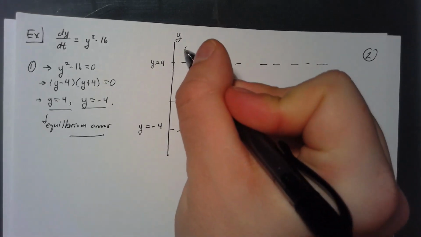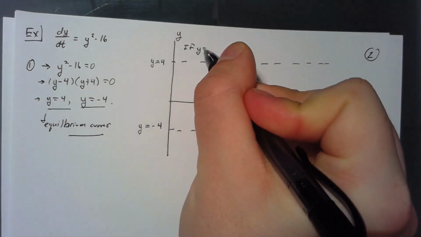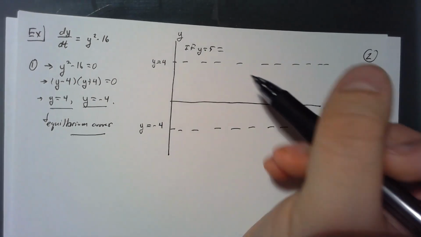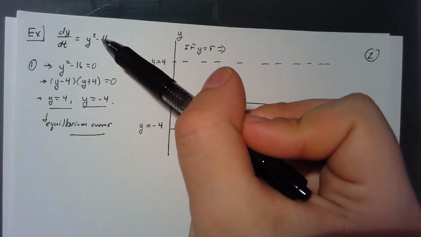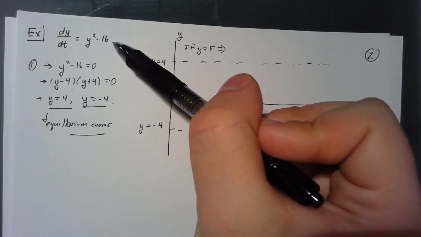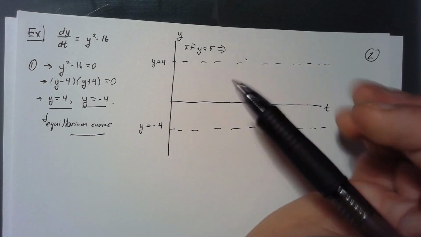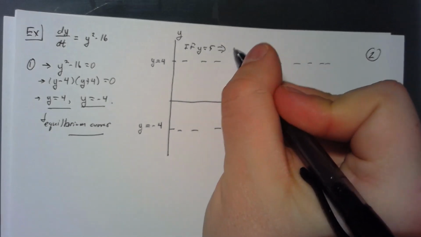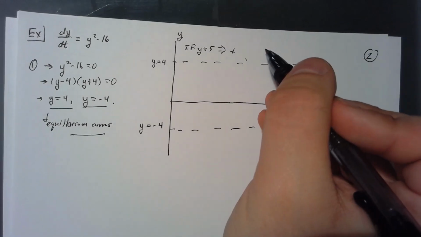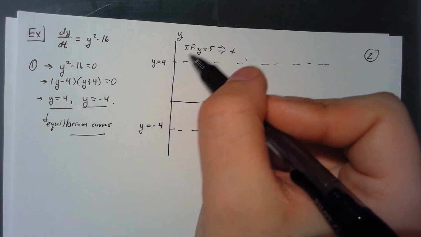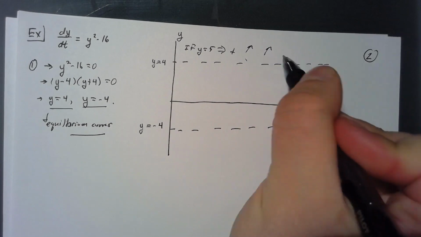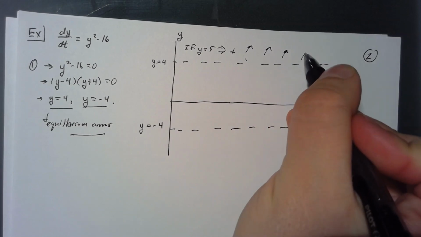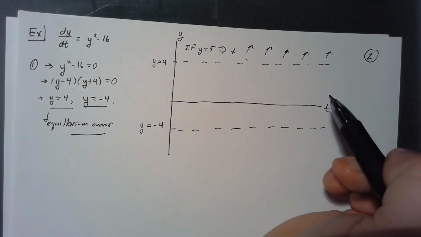If I picked 5 and put it in here, what do I get? 5 squared is 25. 25 minus 16 is positive. I don't care about the number. So that means above 4, my slope is positive, so I put ascending arrows to indicate that.